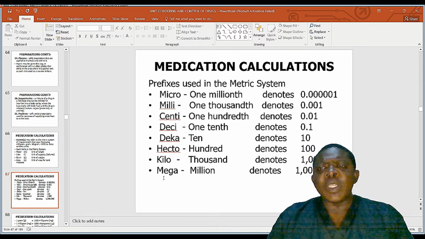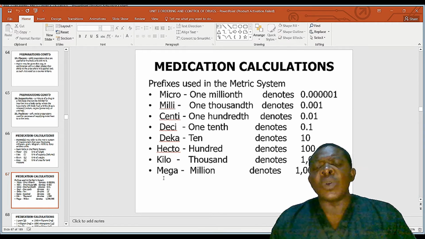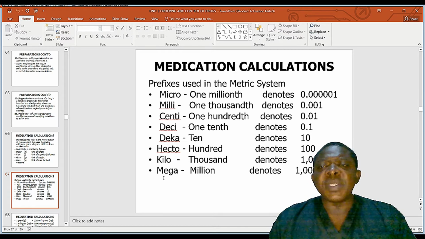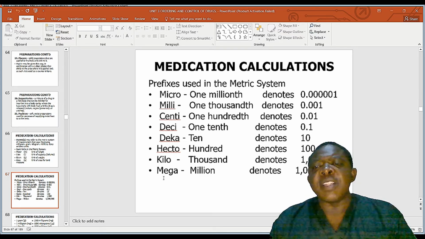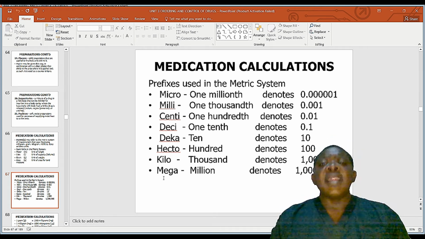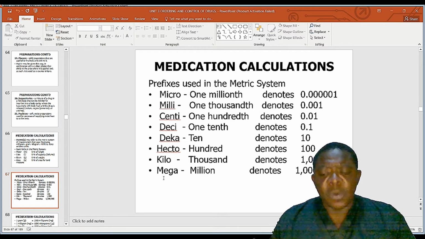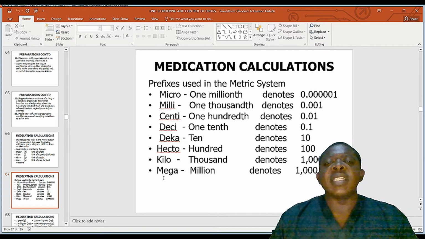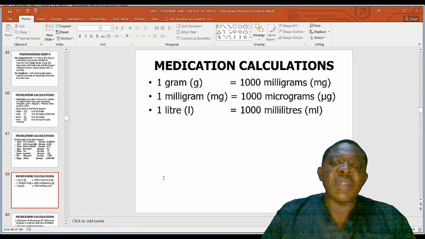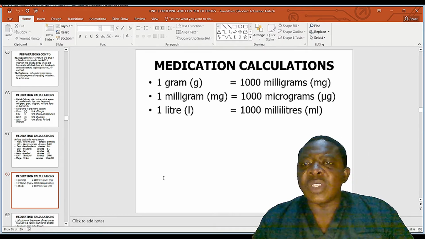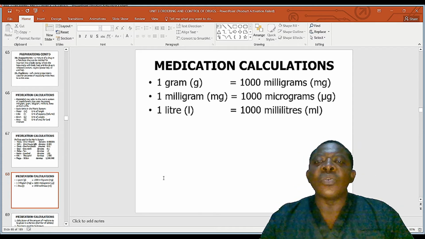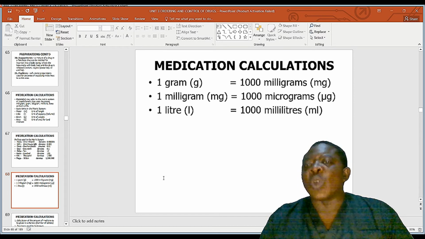So it's important you note these, and the number of zeros, the way they have shifted. From micro it was 0.000001, and then mega, you find that now the zeros are in front. It's important so that you can do the conversion if things within your calculations are not within the same unit. In medication calculations also, 1 gram is equal to 1,000 milligrams, and 1 milligram is equal to 1,000 micrograms.